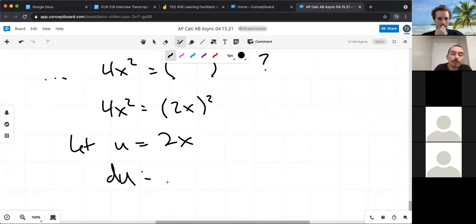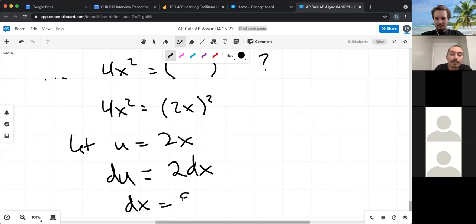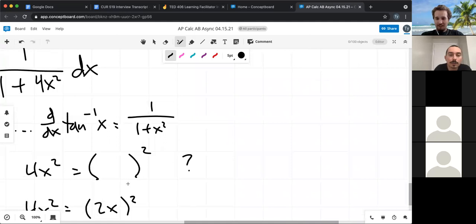Then du, sorry, we have limited time, so I'm just going to power through. Please interrupt me if you have questions. Then du is 2 dx. So dx, we divide both of these by 2, we get du over 2. And we can plug our u and our dx into our equation.